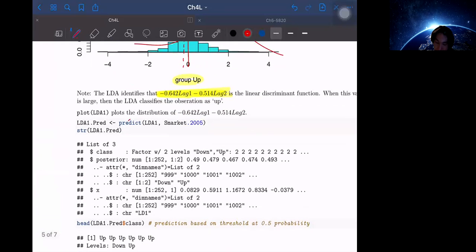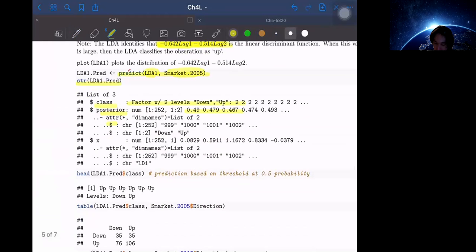Okay, so that's the thing. And the prediction works in the same way. You have to prepare the estimated model and the new data set in the same structure as the training set. Then the result includes several objects: the probabilities and also the binary predicted values, down and up.